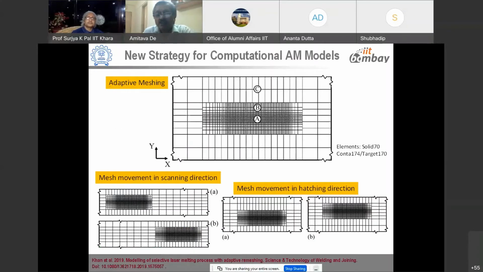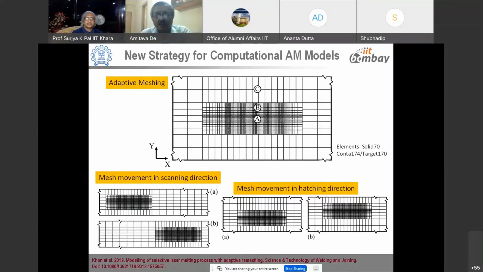A strategy to take care of such computational challenges has lately been developed. As we go for layer by layer, track by track deposition, it is basically increasing the size of the model, increasing the number of elements.